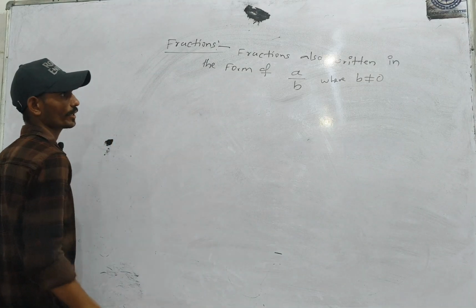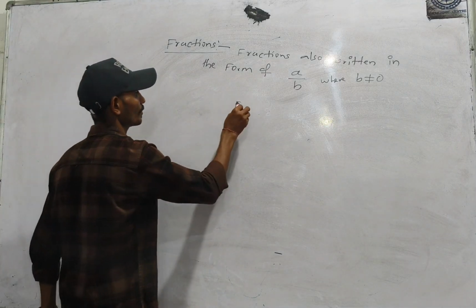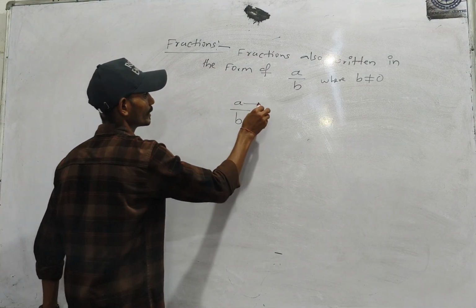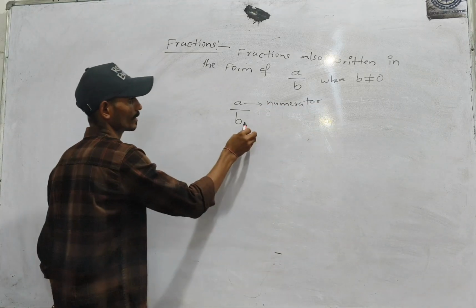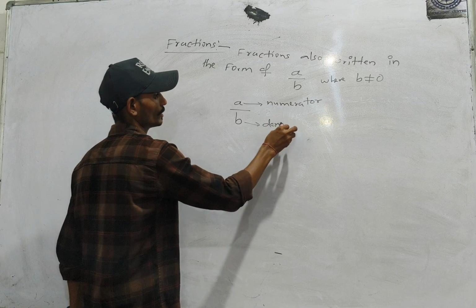This is the condition: b does not equal 0. In a by b, a means numerator and b means denominator.